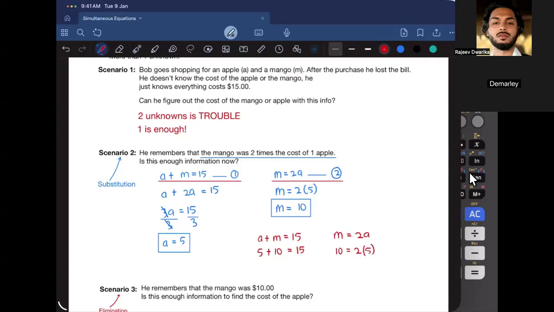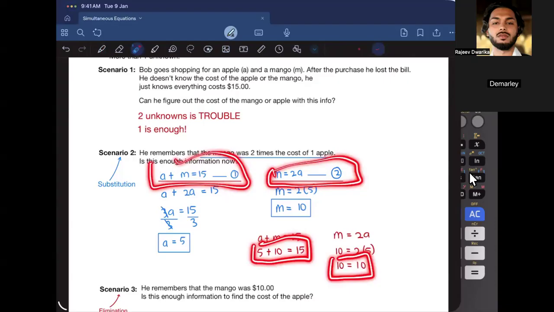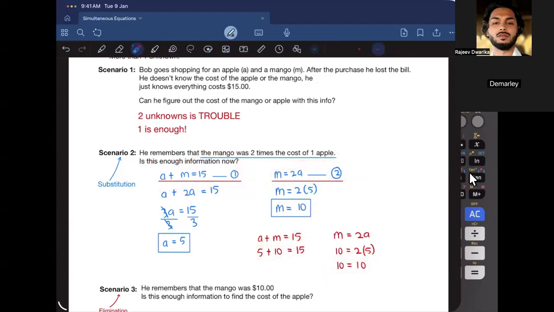Right. And so we're saying that the mango is supposed to be equal to 2 times the apple. So if I multiply 2 by 5, am I getting back 10? Yeah. So did my answer satisfy both equations? Yes, it did. So that's how you check if your answer is correct. So that's the whole concept behind substitution.